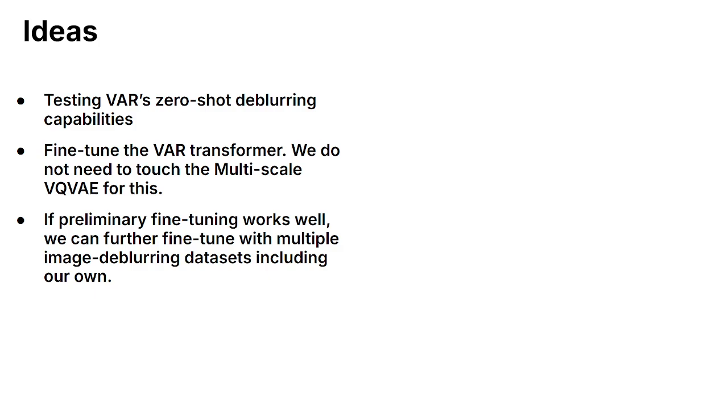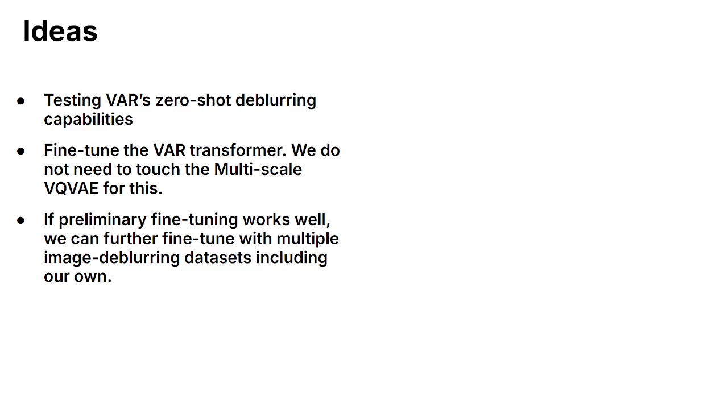So here are a few ideas that can be used. Well, first of all, we have to test VAR's zero-shot deblurring capabilities. Right? How good is it in just deblurring in general? And if it's not that good or whatever it is, we also have to try to fine-tune the VAR transformer.